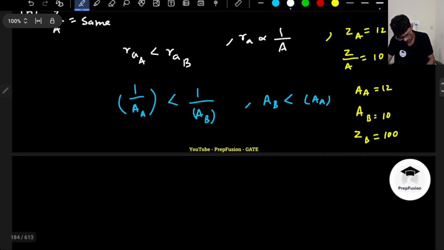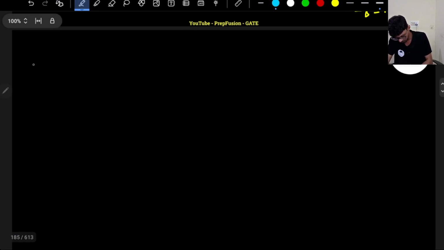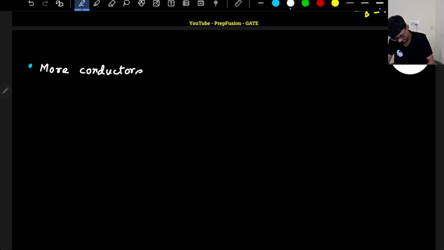So more conductors for machine A, hence bigger in size.